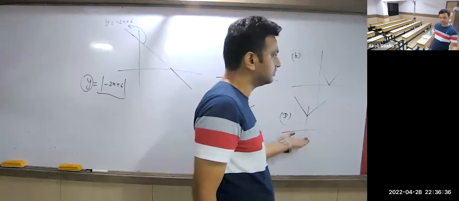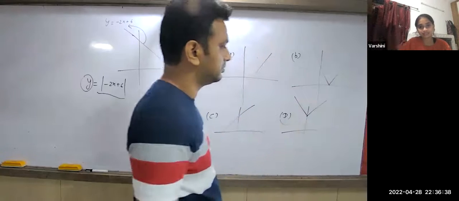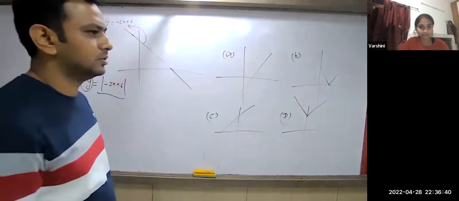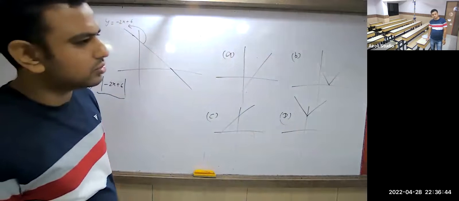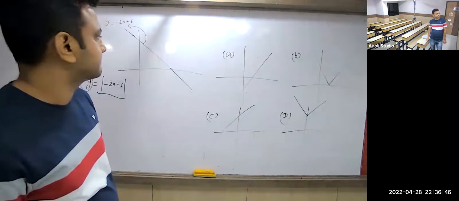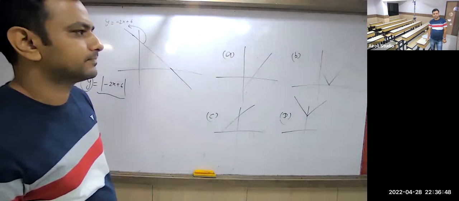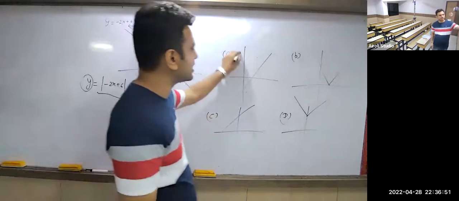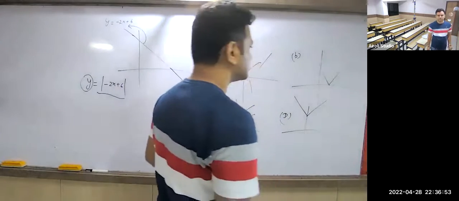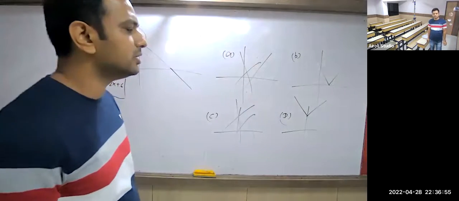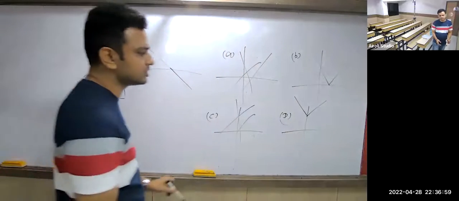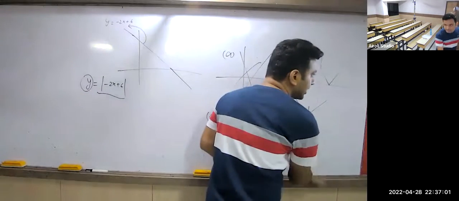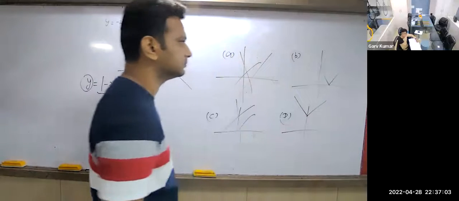Where is it negative? Actually, these two options are eliminated, because y is negative in this case. All we have is positive y, we are not getting any negative y.